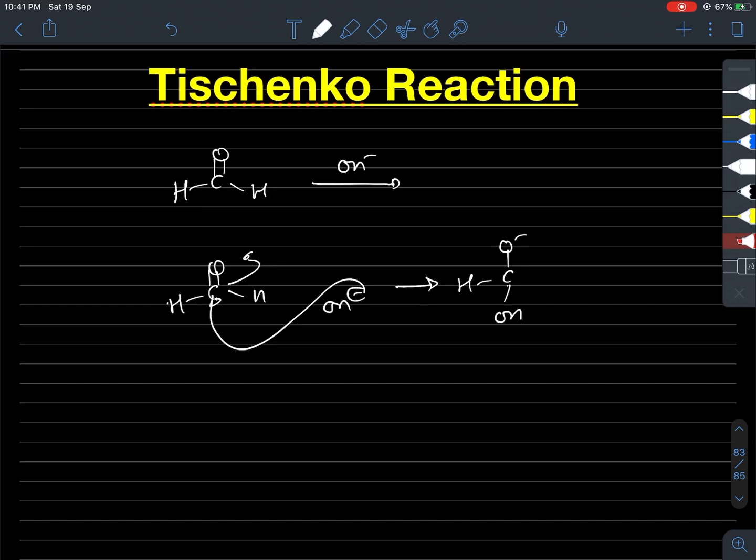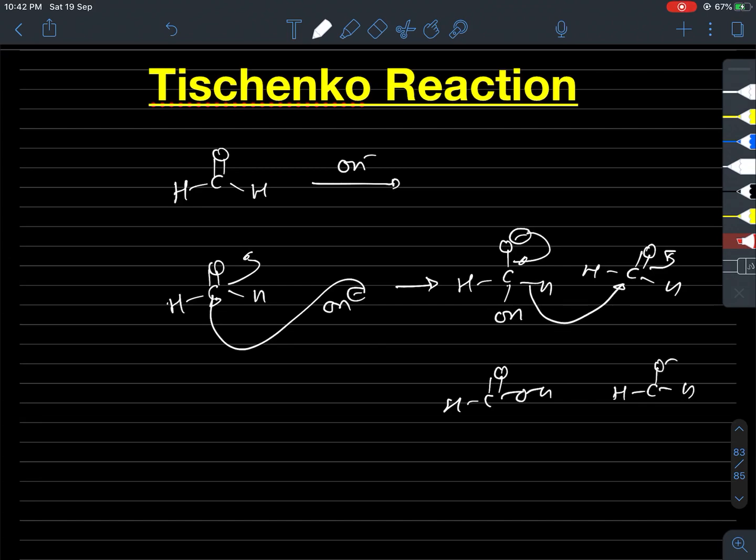One of the very important steps in the Cannizzaro reaction is this hydride ion transfer, right? And that's how the whole process of the Cannizzaro reaction goes.